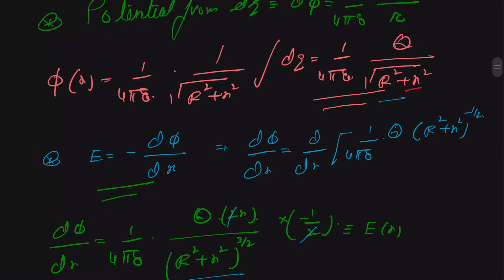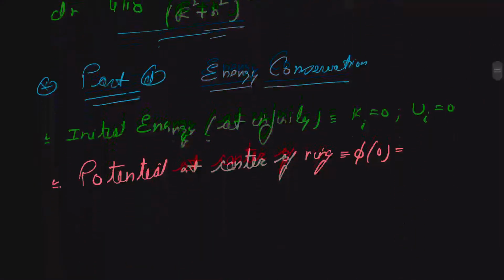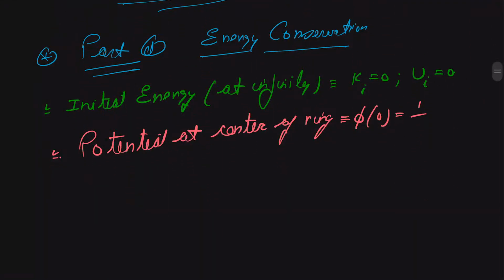So we substitute x equal to 0 and we get 1 upon 4 pi epsilon naught, q upon r. So this is the potential at the center of the ring.